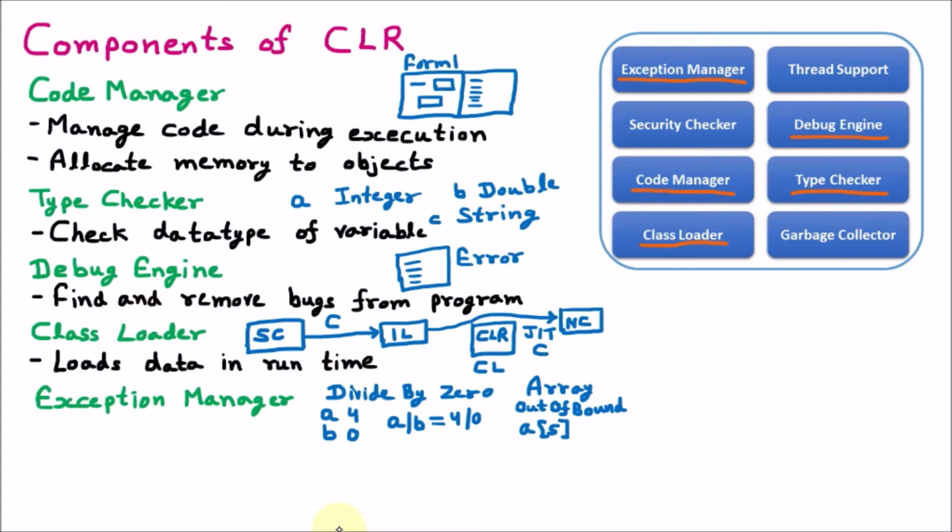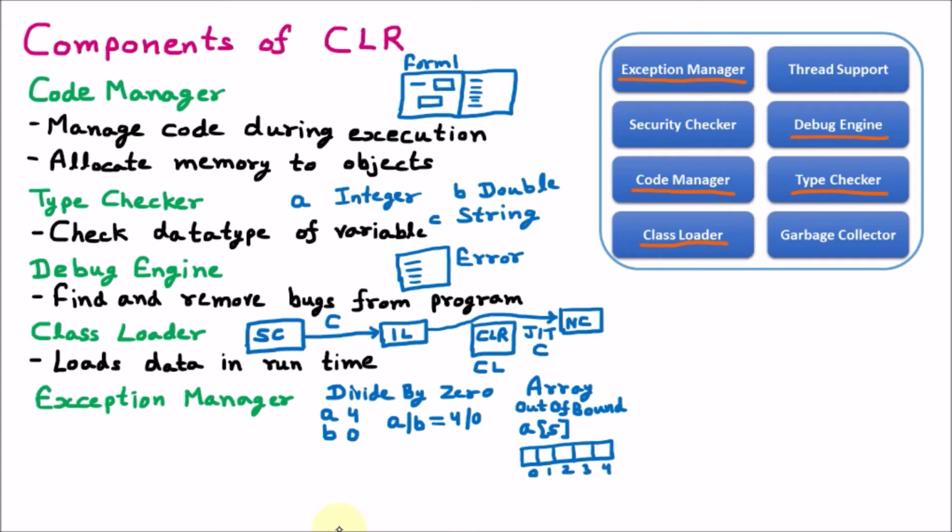So such type of problem comes into the exception, because we know that if we declare some array, let's say this is the array and there are 5 blocks, let's say this is 0, this is 1, 2, 3 and 4.